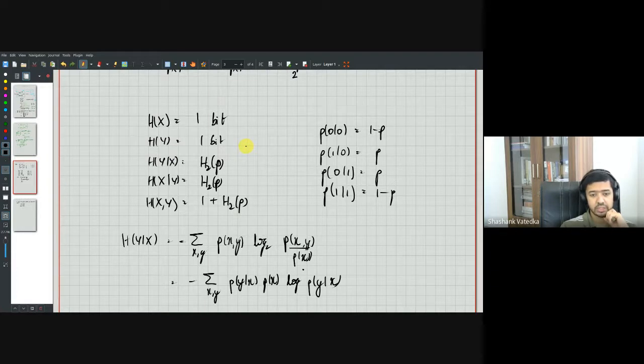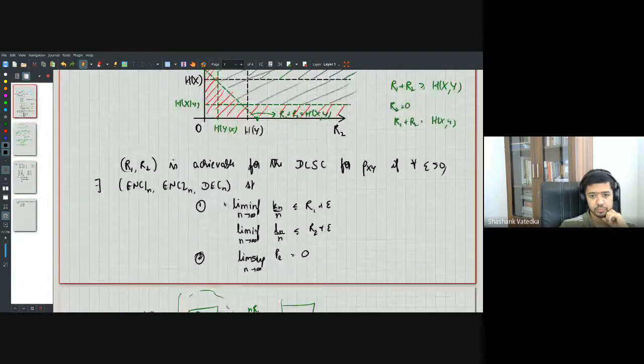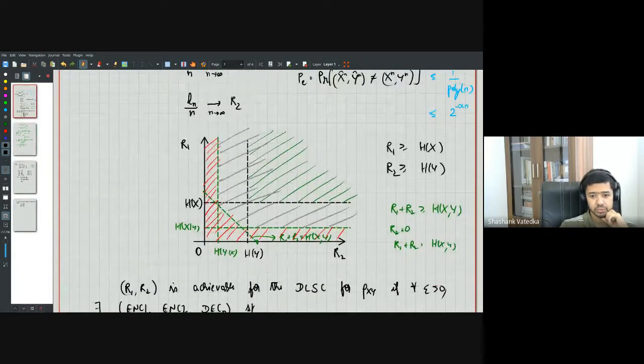But by decoding x and y jointly, even though they are encoded separately, the claim is you can do much better. You can do it at any rate close to these green lines.